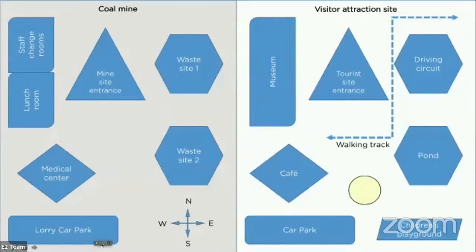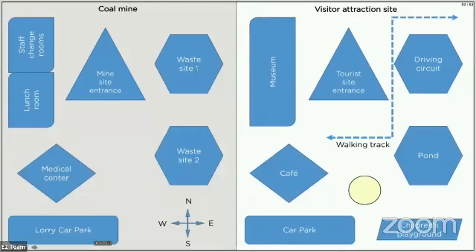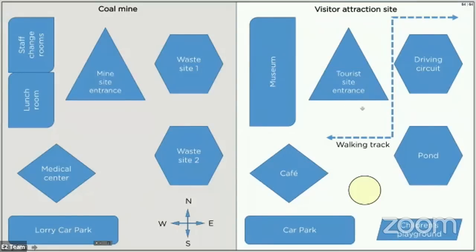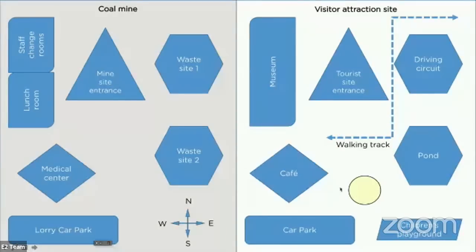Then I want you to write a paragraph on how the waste sites were completely demolished and converted into these. And the third thing you're going to write about is how a children's playground and a walking track were added in addition. You can structure it how you like. See how you go. I'm going to give you 18 minutes to do this. Good luck. I'll see you on the other side.